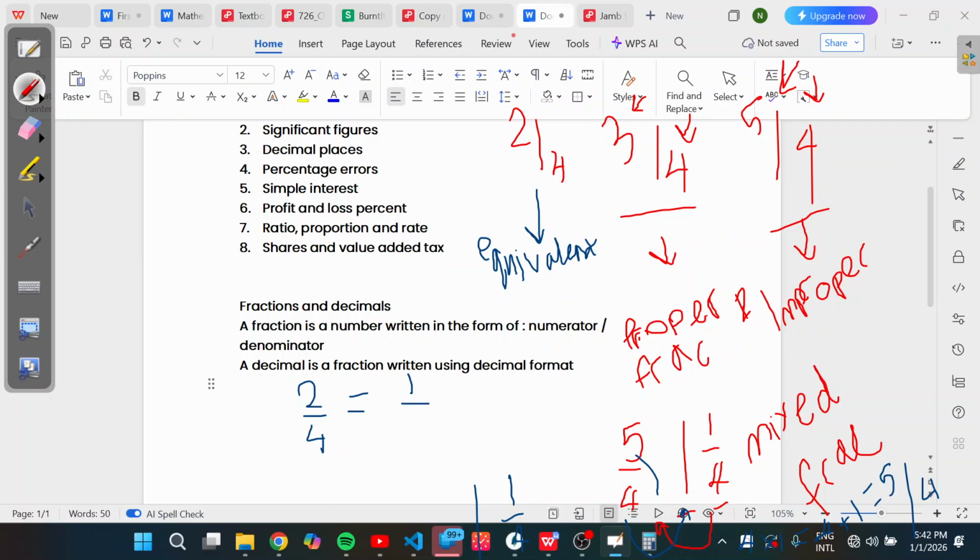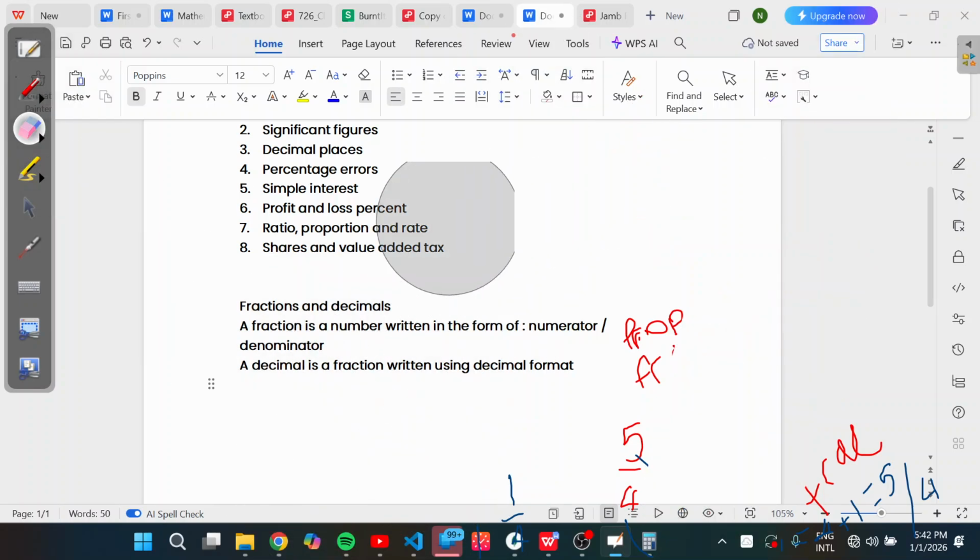Why is that? It's very simple: 2 into 2 is 1 and 2 into 4 is 2. And if you want to get back to 2 over 4, you can say 1 times 2 and 2 times 2, and that gives us back 2 over 4. This was basically 2 divided by 2 and 4 divided by 2. So equivalent fractions are equal to each other.